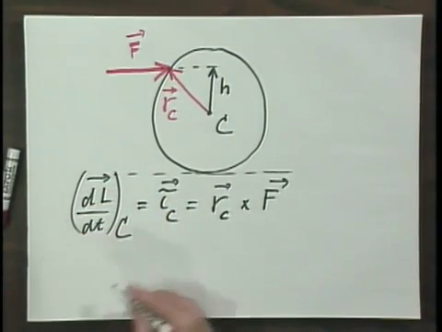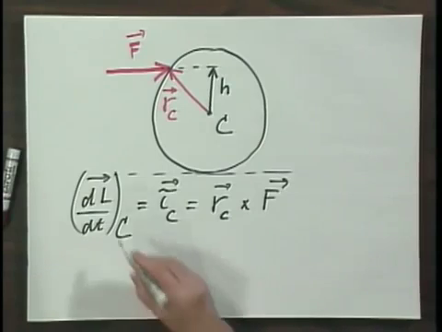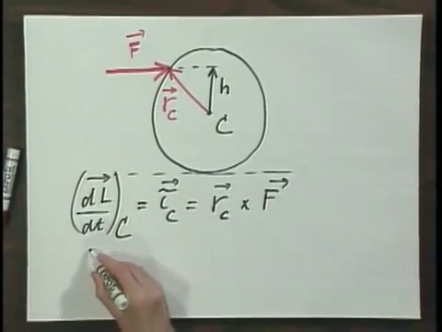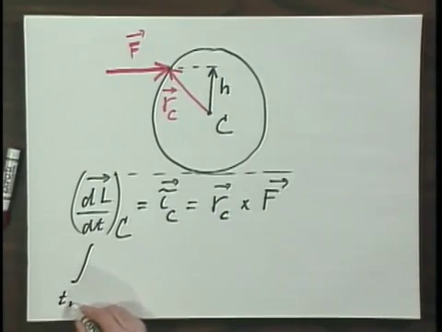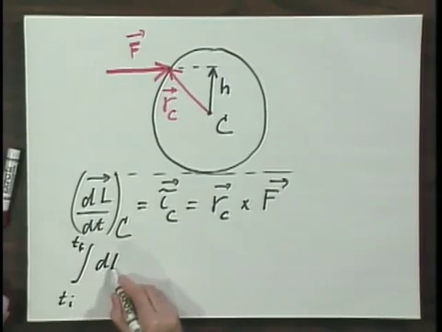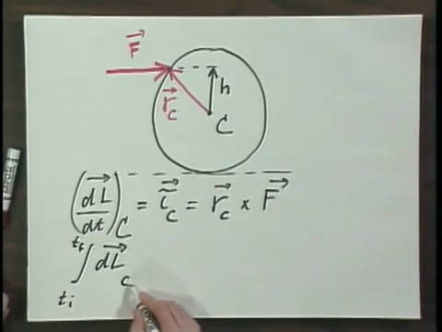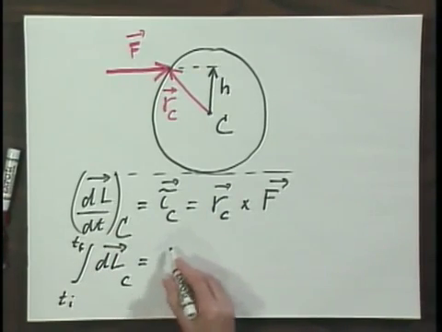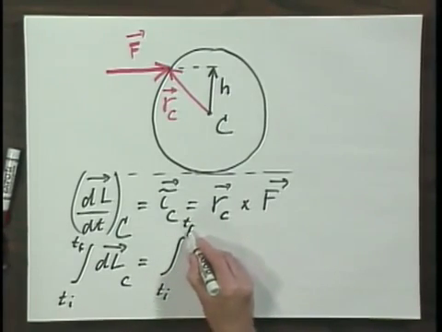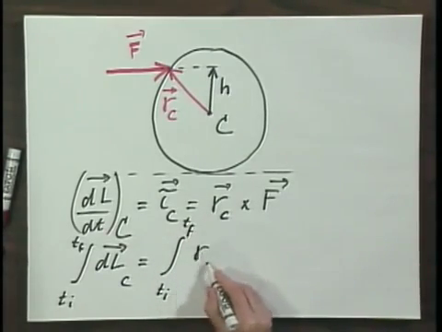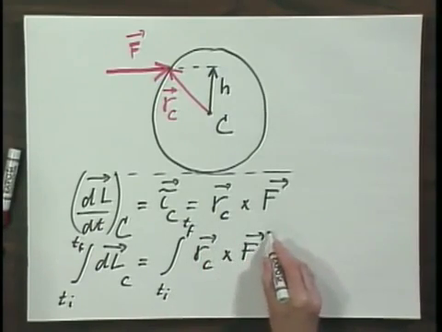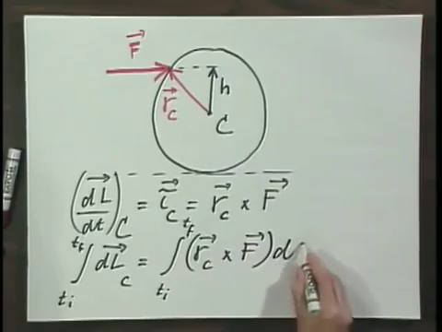I now do a time integral, integral of this dt. So I'm going to get the integral from T initial to T final of dL relative to point C equals the integral from T initial to T final of RC cross F dt.